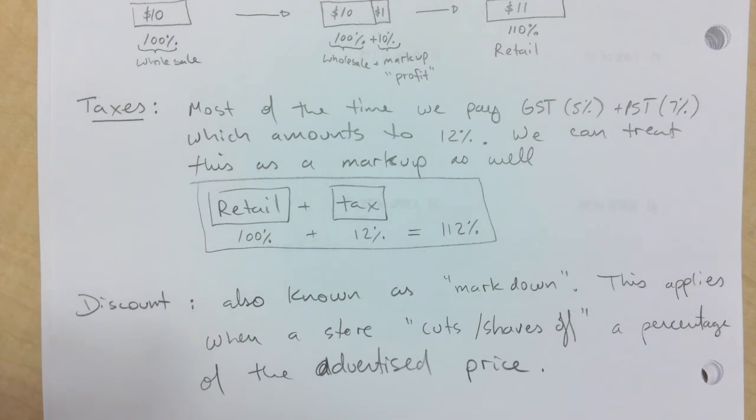Most of the time, markups and discounts are usually a percentage, right? 25% off, 35% off, 30% off. It's always percentage.